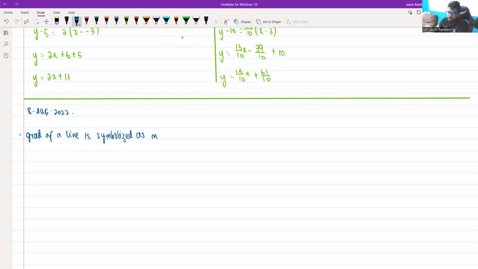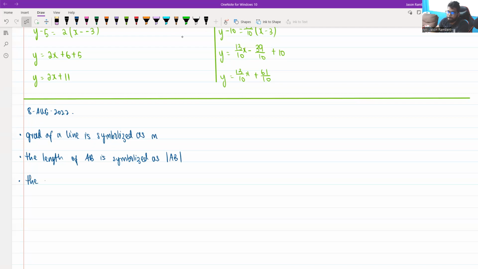The length of a line, for example AB, is symbolized as a line AB.